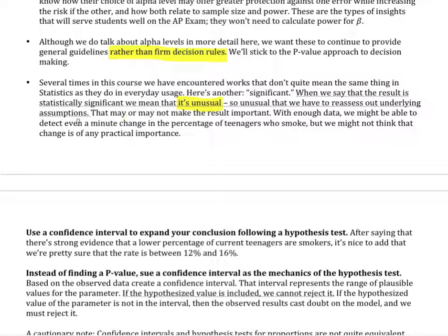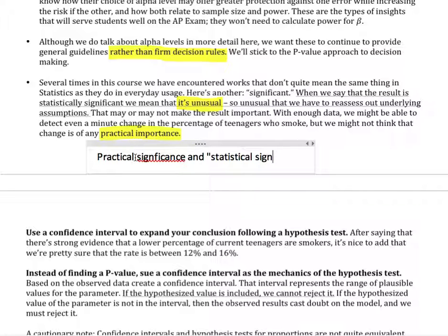Without enough data, we might not be able to detect a minute change, for instance, if we're talking about teenagers smoking, but we might not think that change is of practical importance. So really the issue here that we want to be clear on is that practical significance and statistical significance, as measured by, for instance, p-value, that's what we're going to focus on this year.